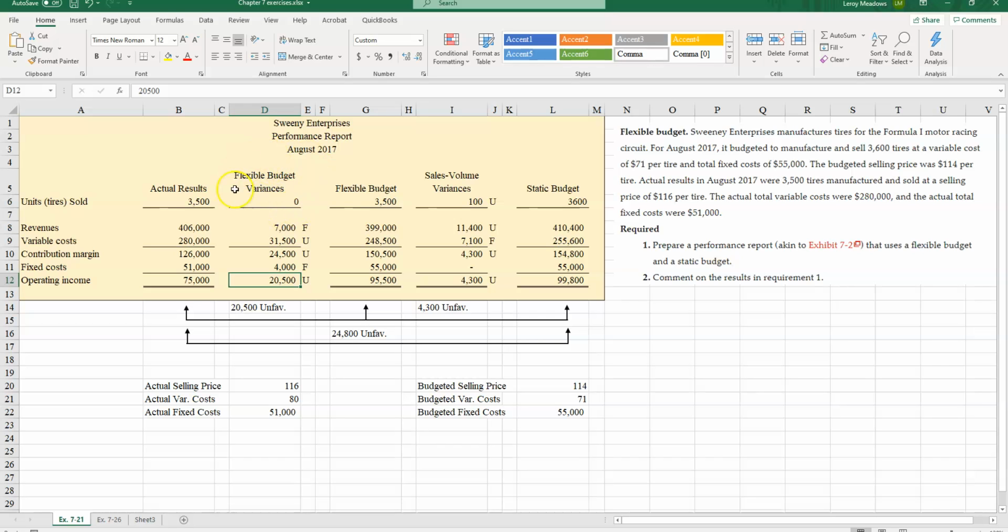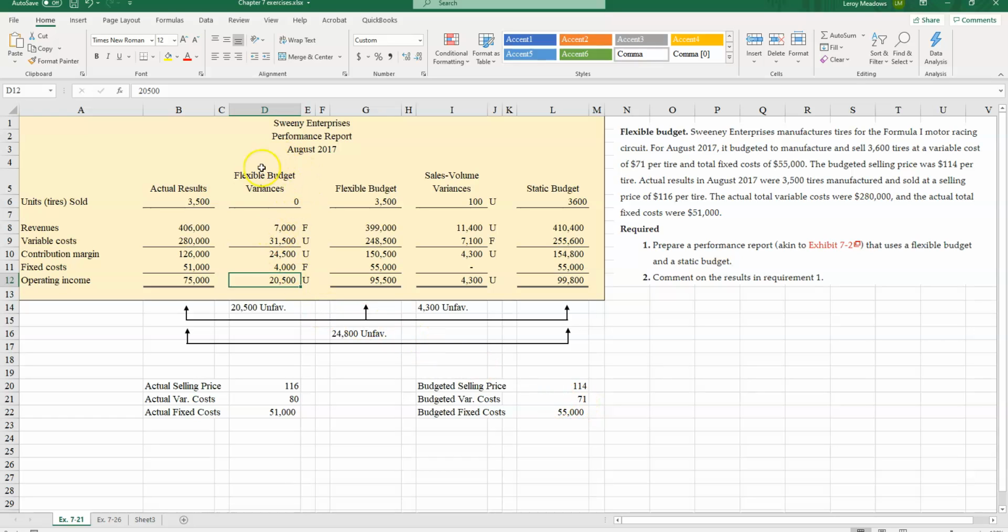The flexible budget results are not a change in sales volume when I'm comparing my actual results versus flexible budget, because they're both based on the same number of units sold. My flexible budget is based on the actual number of units sold, but then I'm computing what my revenues and variable costs should have been based on my budgeted selling price and input cost per unit for variable costs.